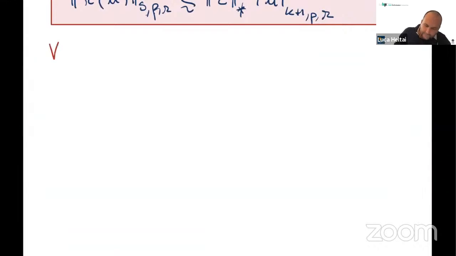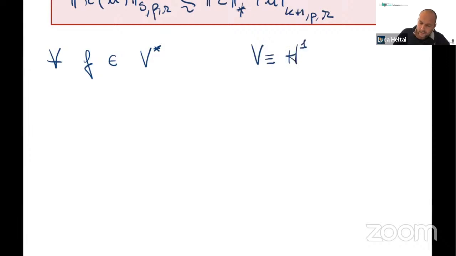So for any f in V star, and in what we discussed so far, we said V was the space H1 0 of omega.